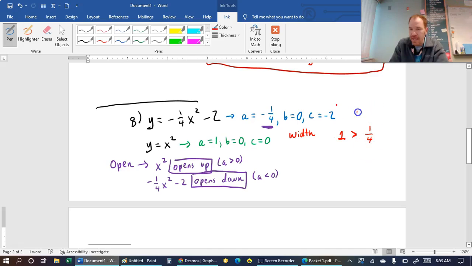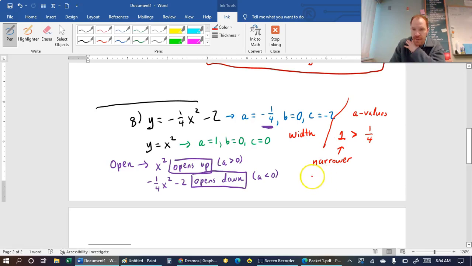And again, I know it's negative, but we're ignoring the negative here. So if we're looking at a values, this is going to be your narrower parabola. So that means that our negative 1/4 x squared minus 2 is going to be wider than the parent function.